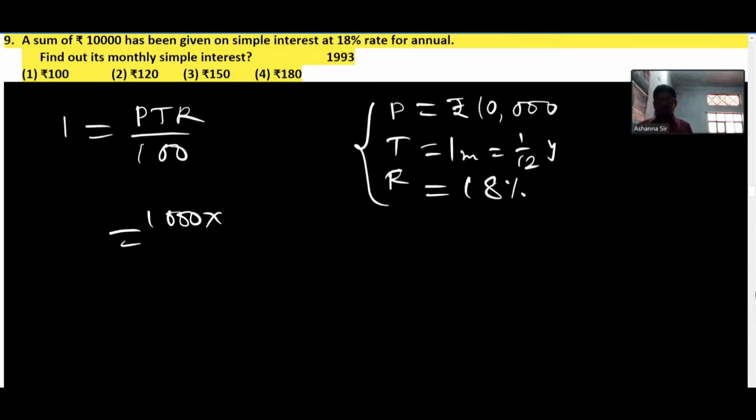10,000 into 1 by 12 into 18. We can write this 100 by cancelling any of the numbers here or here. Here 10,000, one more zero.